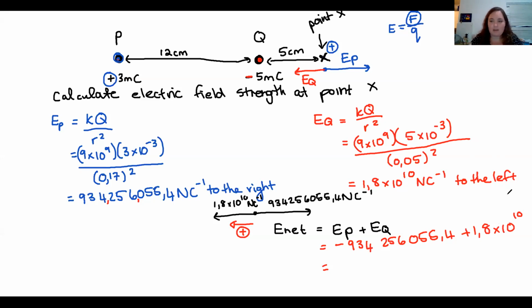So I'm going to take, I've in fact got this still in my calculator. So I'm just going to minus 9.342560554. Let's try and get the calculator right. And I get an answer, it's a very big one, of 1.77065.